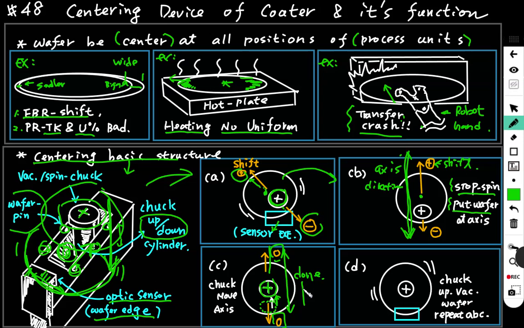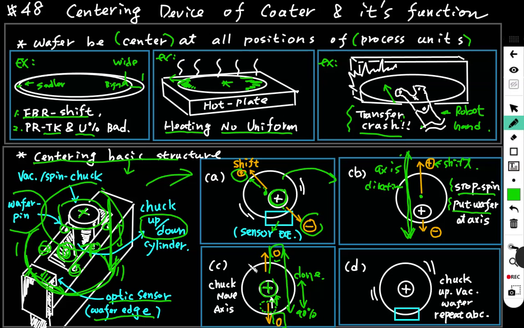But at this position, probably it completes 90% of the shift adjustment.